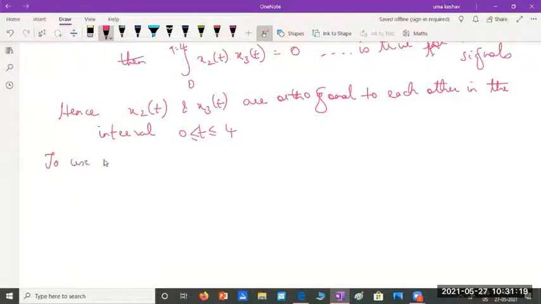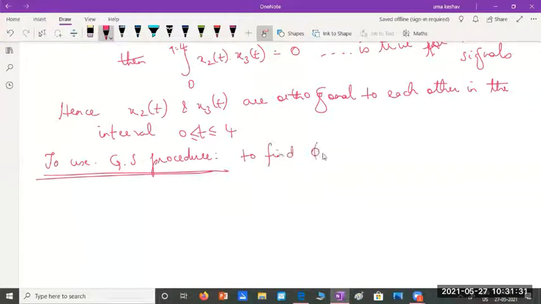I have to use the Gram Schmidt procedure to find phi1 and phi2. We said there are two orthonormal basis functions and coefficients S11, S21, so on. So let's try to use this procedure.